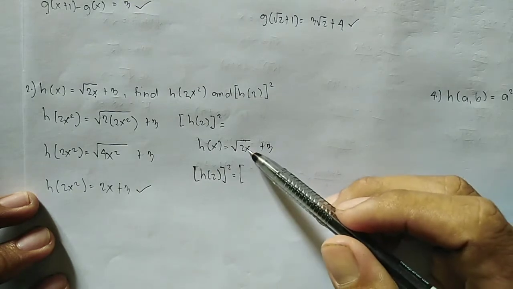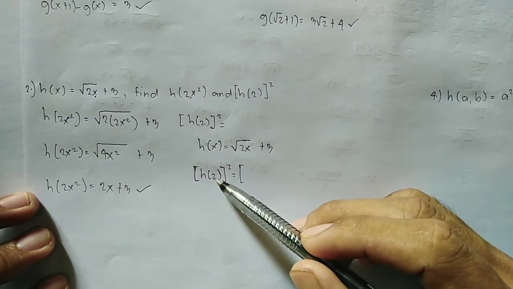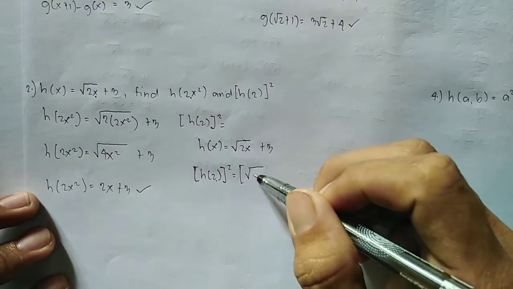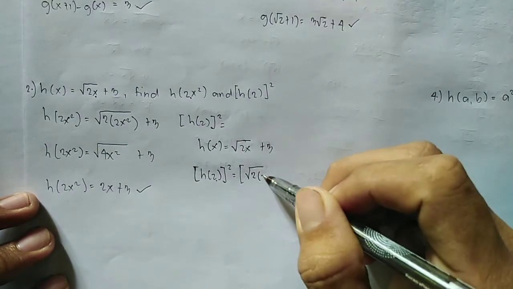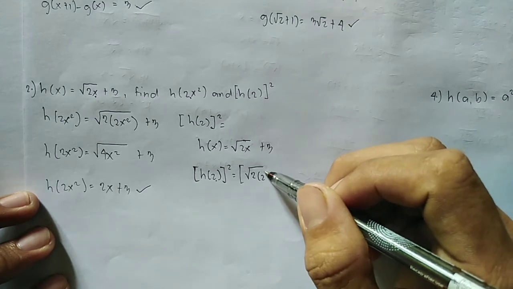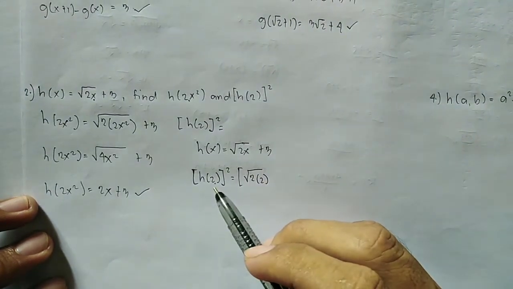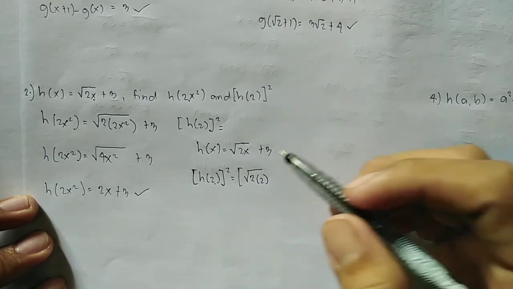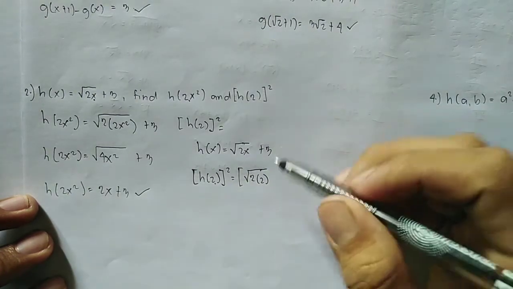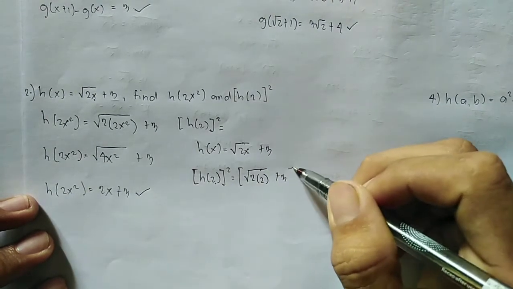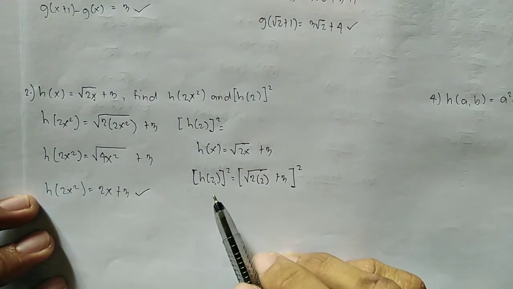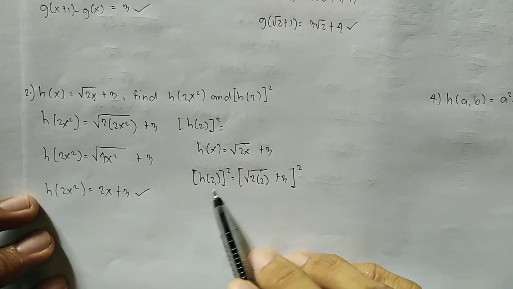Then we replace x with 2 to satisfy the indicated value. So we have the square root of 2 times 2, since the indicated value for x in the original function is 2, then plus 3. Then the entire function should be squared to satisfy the indicated value.